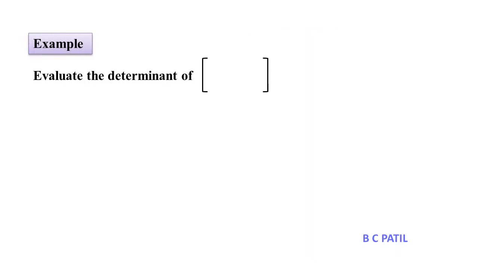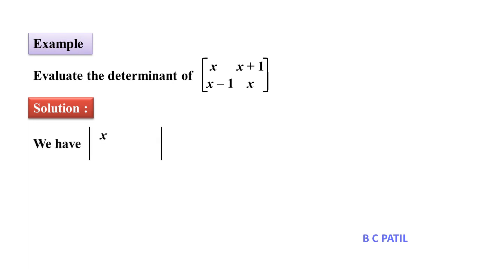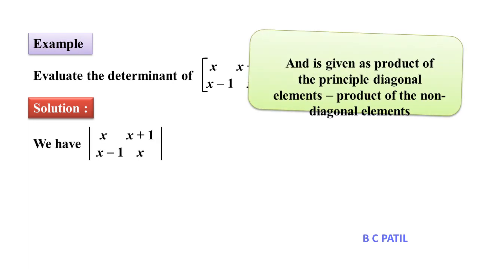Evaluate the determinant of x, x plus 1, x minus 1, x. Again same, determinant of given matrix is obtained by product of the principal diagonal elements. Here principal diagonal elements are x and x.